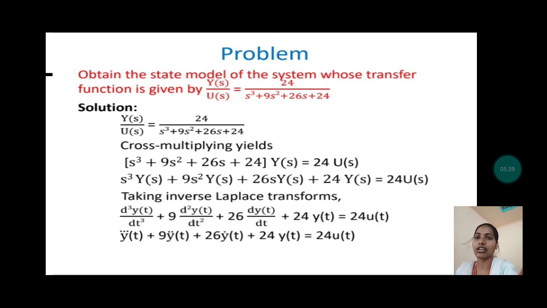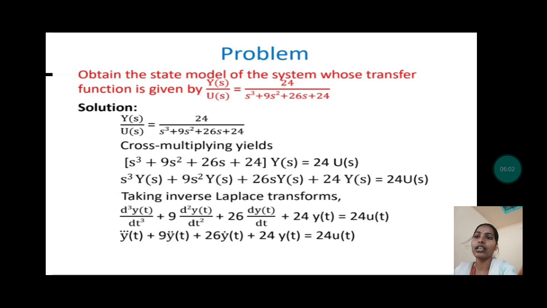Taking inverse Laplace transform on both sides: d cubed y of t by dt cubed plus 9 into d square y by dt square of t plus 26 into d by dt into y of t plus 24 into y of t is equals to 24 into u of t.